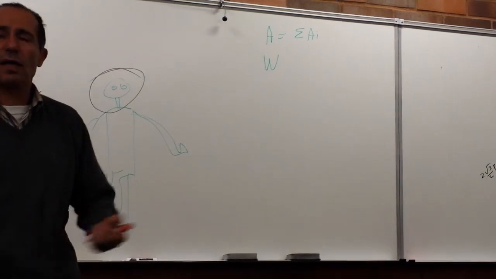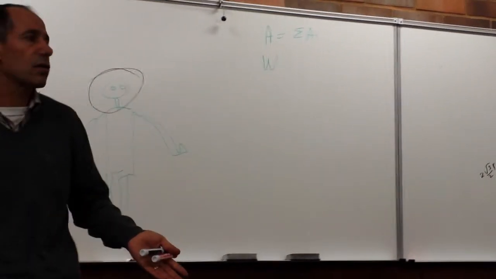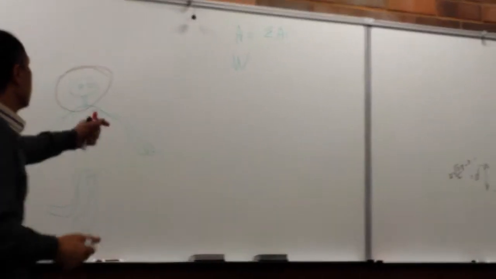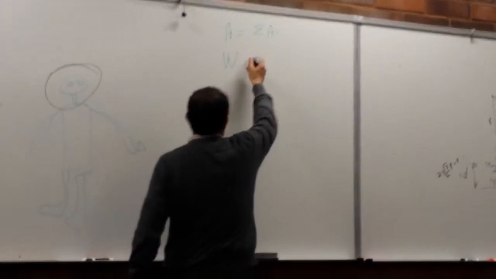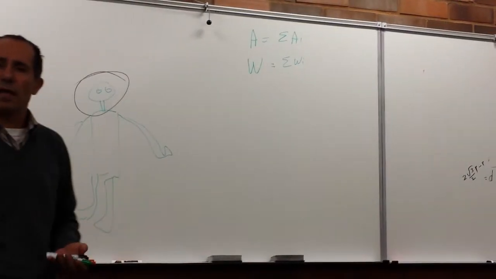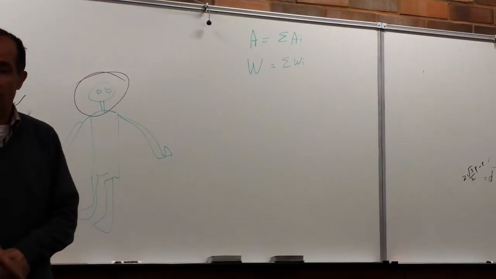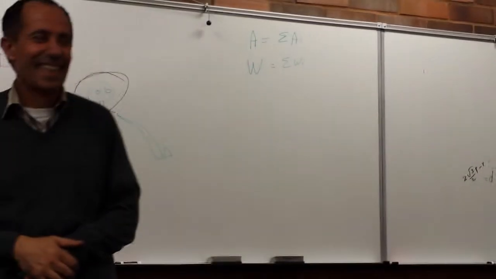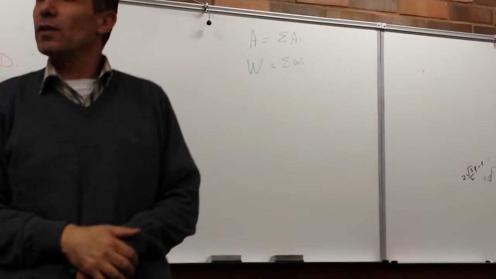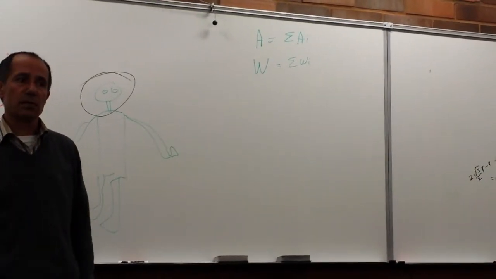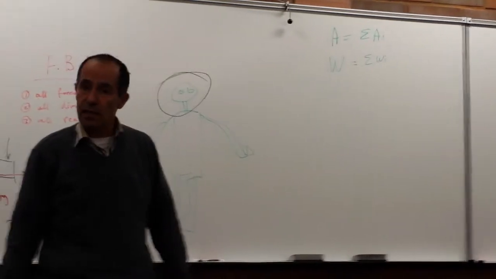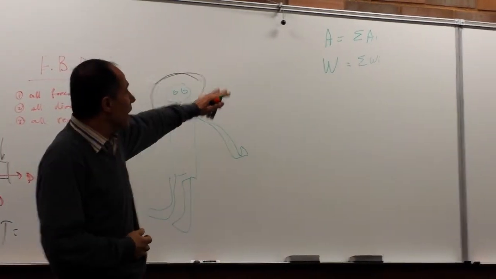If I add them together, I get the total of the area, correct? W is the same, sum of Wi. So if I have a jar with 10 pieces of chocolate that weigh 1 pound, add them together, you should get the 1 pound. Each one piece, whatever it is. Make sense? So these are the W.